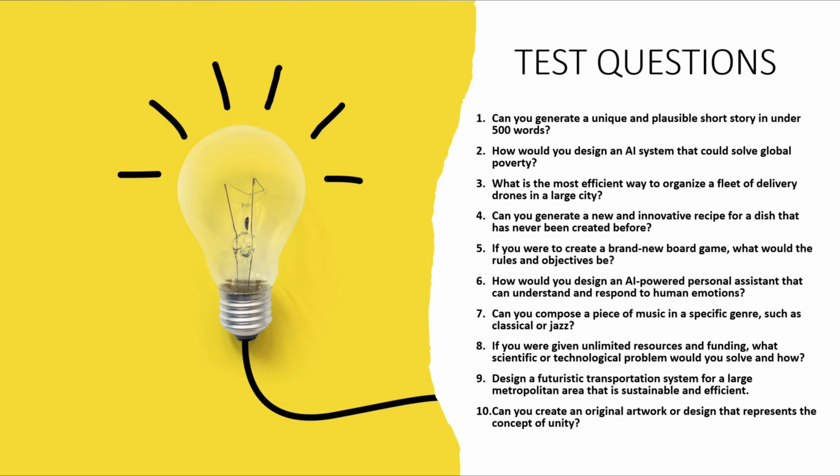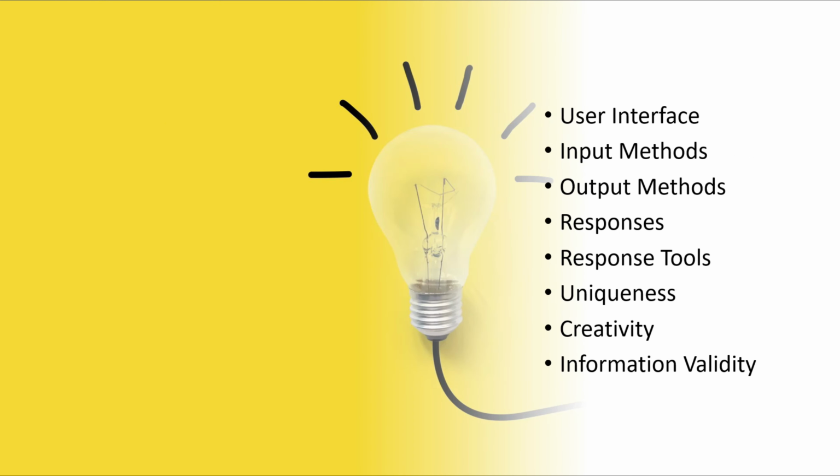I want us to ask this question so that we can test, first of all, the responses. We're going to be testing uniqueness and creativity throughout, but I want us to test the output methods.